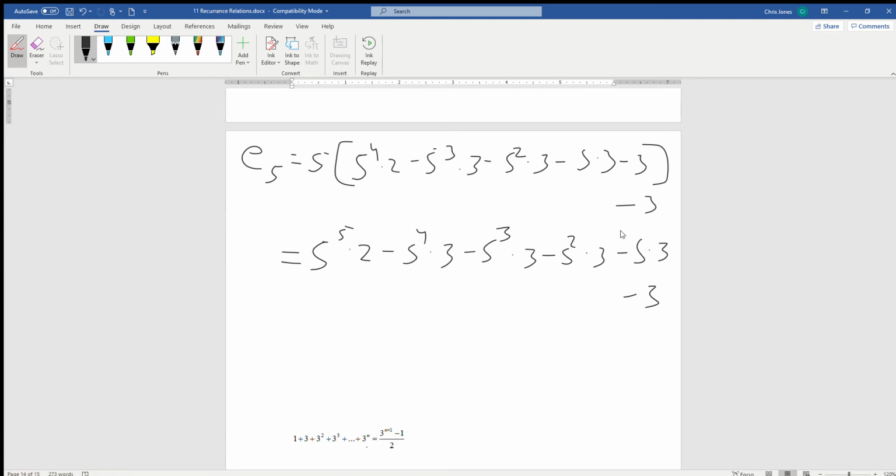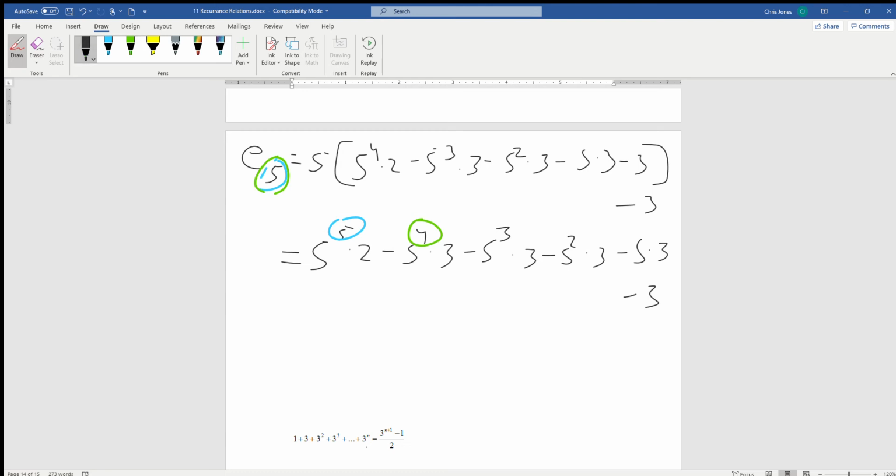Now remember in the previous example, what we did was we left the first term alone because we noticed that the index and the exponent matched up very nicely. We also noticed that the index is one more than the exponent of the greatest term that has a factor of -3 within it.